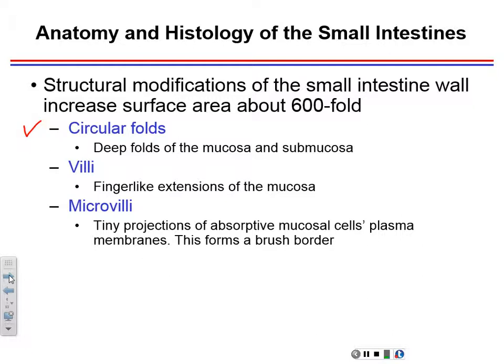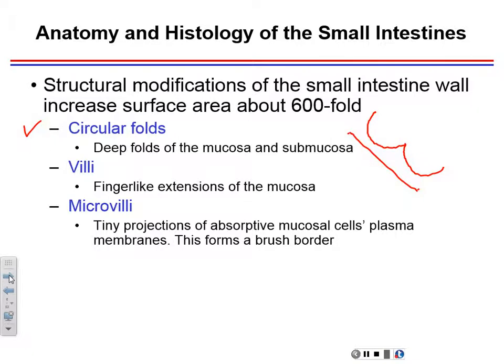First we have the circular folds that already increase surface area, instead of just a straight line like that. You see how this line is going to be much shorter than these two when you pull it together. So that's number one in the way you get to 600 times.